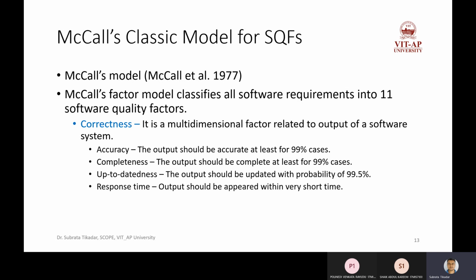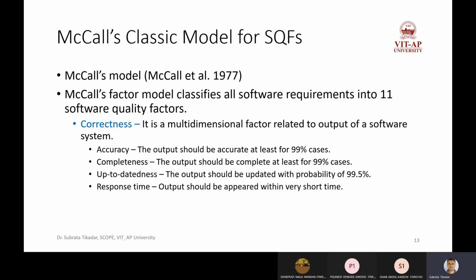Then up-to-dateness, it says that the output should be updated with probability of 99.5% cases. For example, the salary data or payment date should be updated within 1 day or within 2 days with 99.9% probability. And finally, the response time, which says that the output should appear within a very short time.